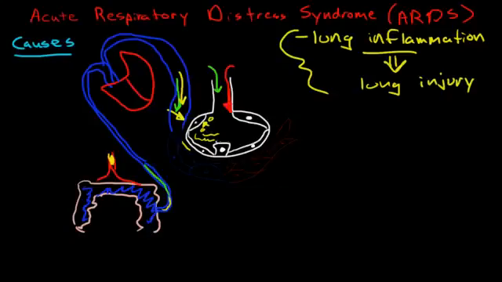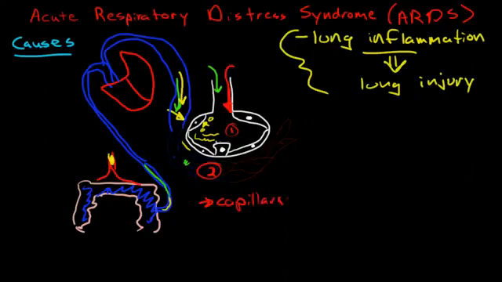So this brew here can start an inflammatory cascade. And what happens with inflammation, whether it's starting in the capillaries or whether it's starting in the alveoli, it starts the same cascade. We end up with capillary leak.